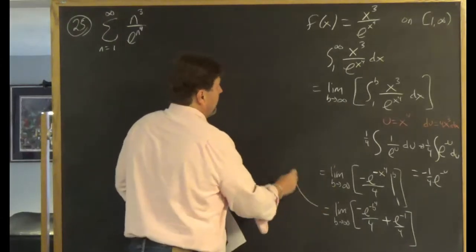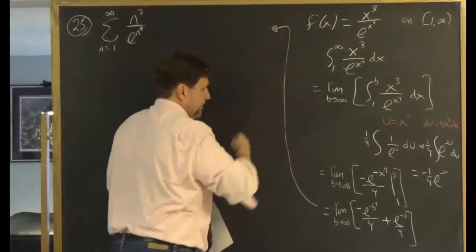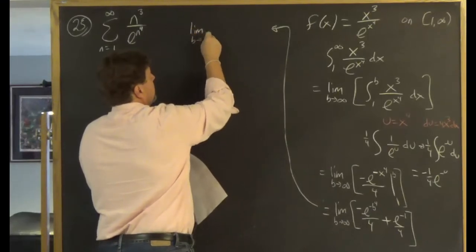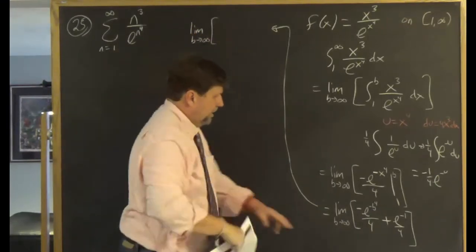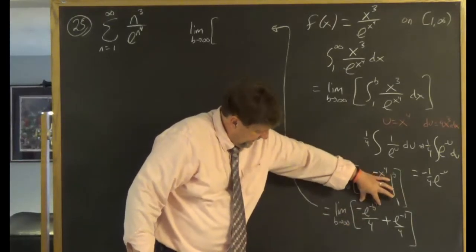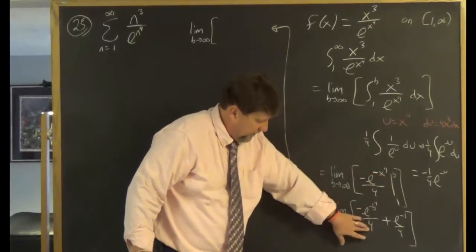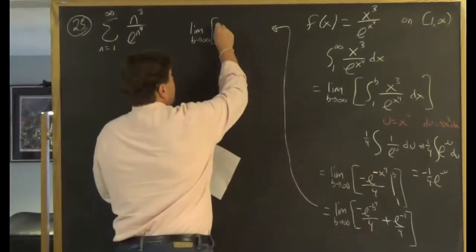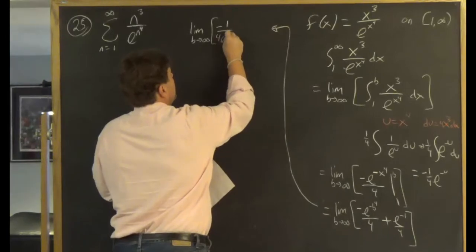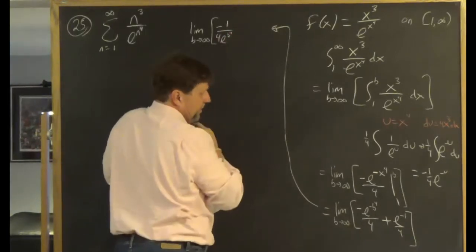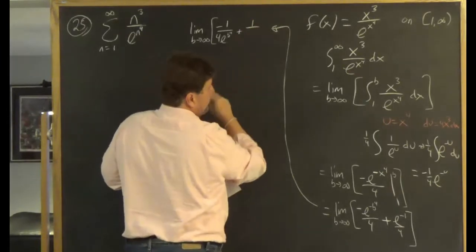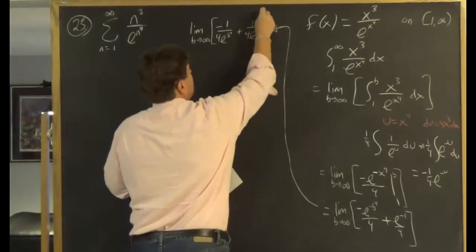All right, pulling this right up here, I'm going to do a little rewrite of this first term. I'm going to take e to the negative b to the fourth and drop it to the denominator. So I have negative 1 over 4e^(b to the fourth), and then plus 1 over 4e.